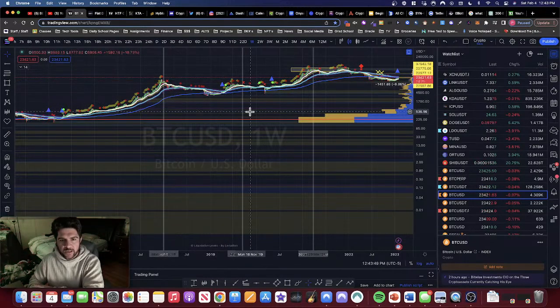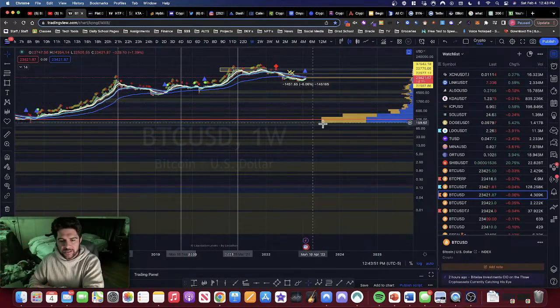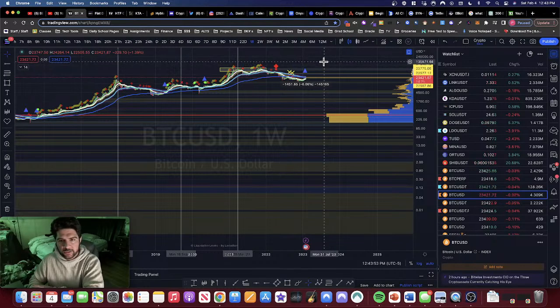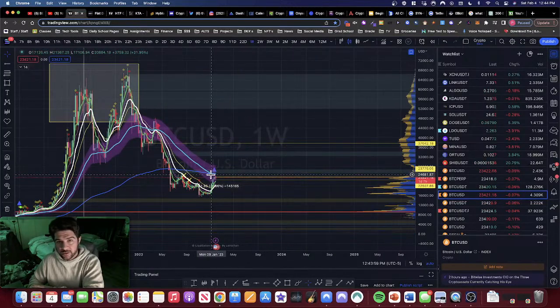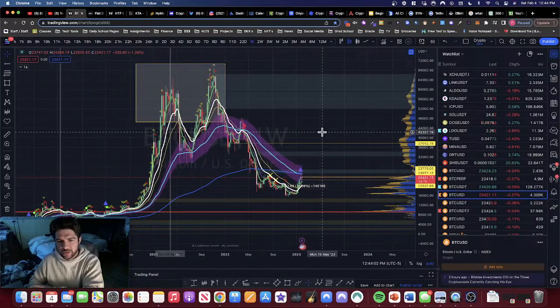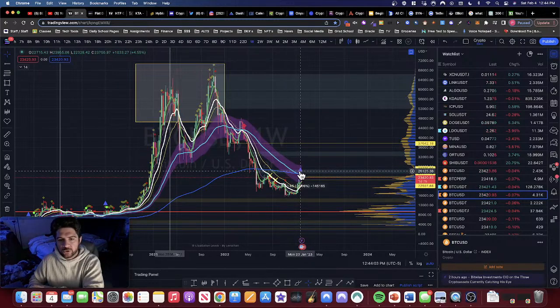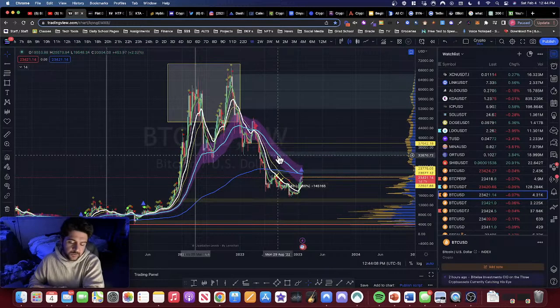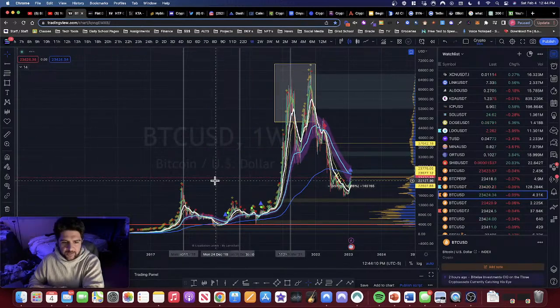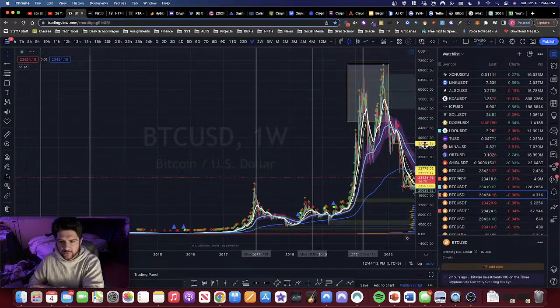So these moving averages are the best gauge of the long-term trend, in my opinion. All right, it has crossed, right, which would signify a larger trend, like a long-term trend reversal on the weekly. Because if you look back, they've never crossed before.